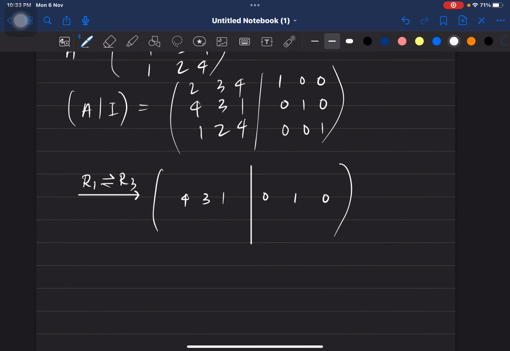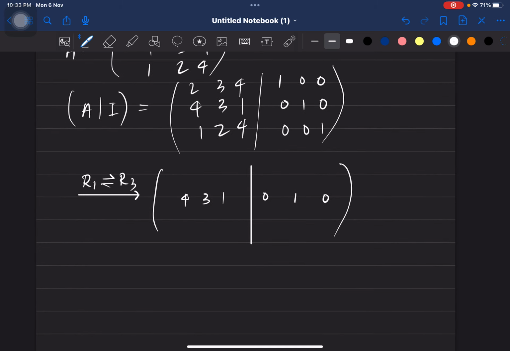Okay, interchange row 2 with row 3. So row 3 now becomes row 2, and row 2 becomes row 3. So 1 here already. Now this one becomes 0. What do I do? 5 minus 5.